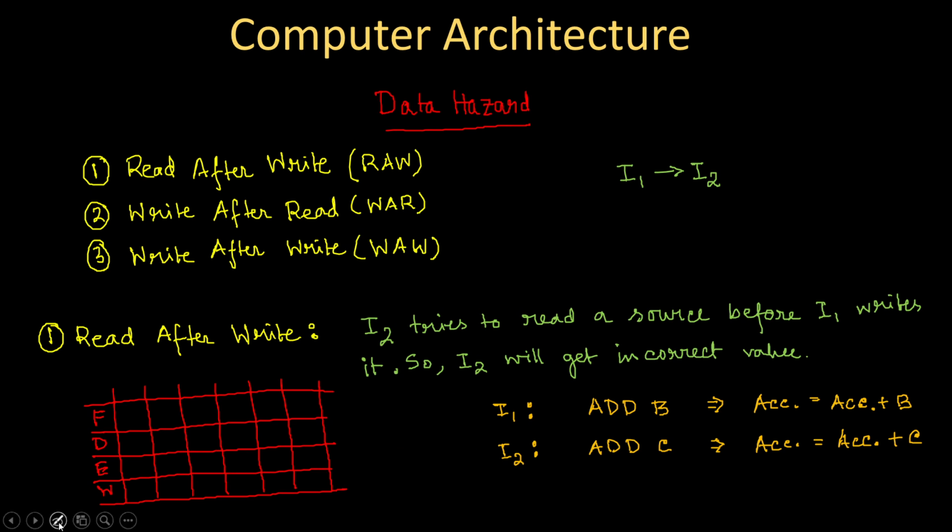Let's draw the timing 1, 2, 3, 4, 5, 6. These are clock cycles. Fetch of instruction 1 will start first, F1. Then when decoding of instruction 1 starts, fetching of instruction 2 can start at the same time. And when execution of instruction 1 starts, you can start decoding instruction 2.